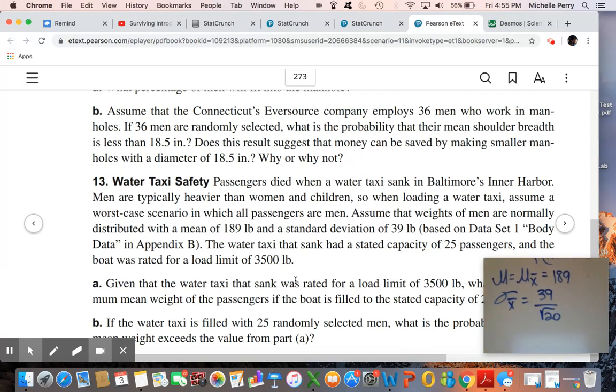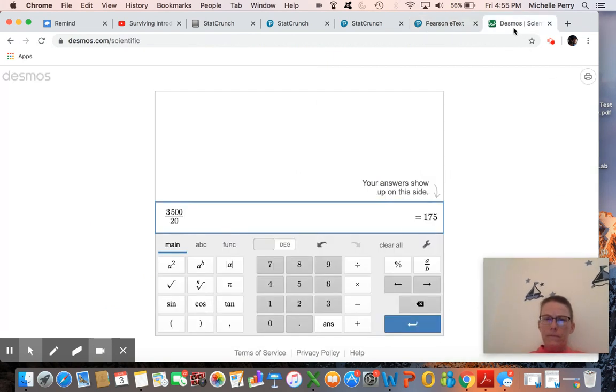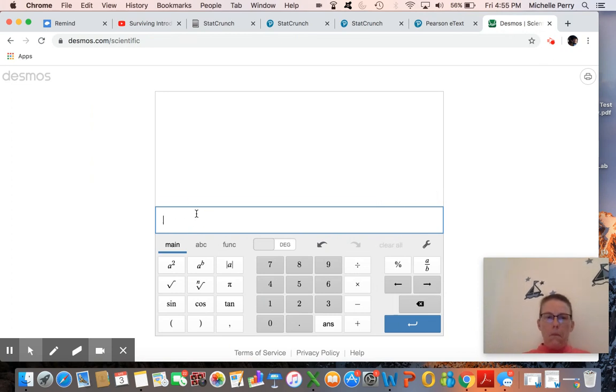Oops. Can you see it? Hey. So, square root of 20 is not a nice, neat, pretty, perfect square. So I'm going to let Desmos help me out a little bit. And let's delete this out. And let's insert 39 divided by square root of 20.